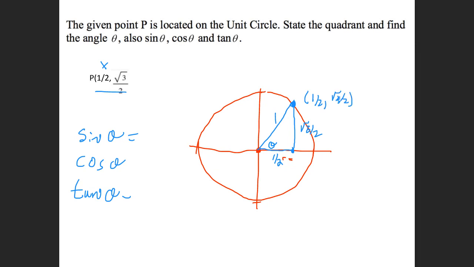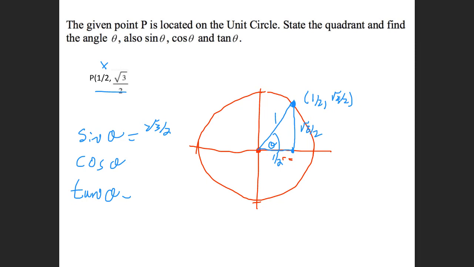That's what that point would be. Okay. So now what is the sine of theta? Well, opposite. This is my theta. Opposite over hypotenuse. Square root of 3 over 2 over 1, which is just square root of 3 over 2, isn't it? Dividing by 1 doesn't do anything, so I just leave it as square root of 3 over 2.